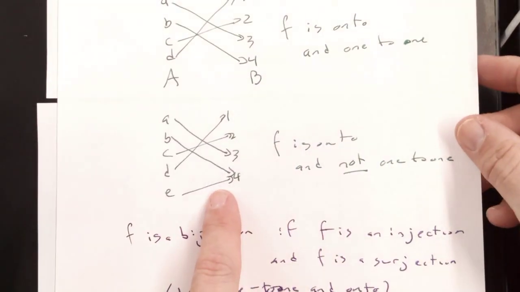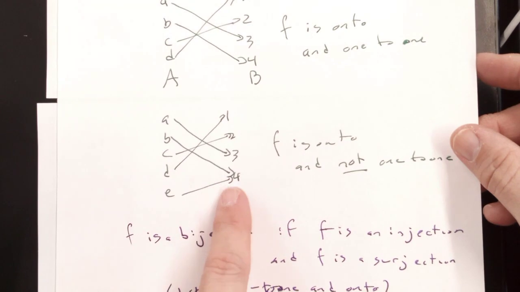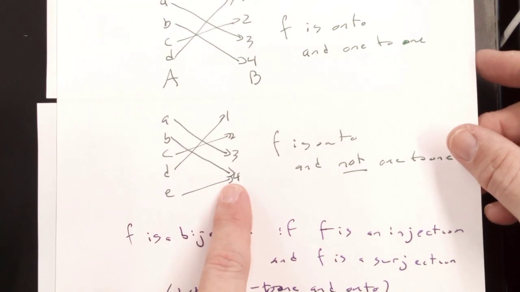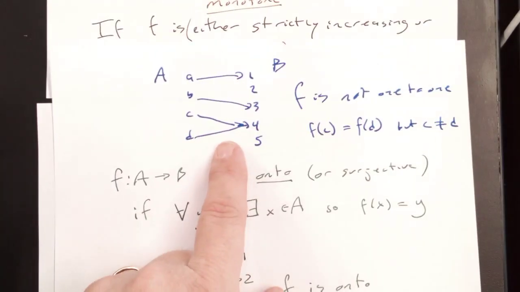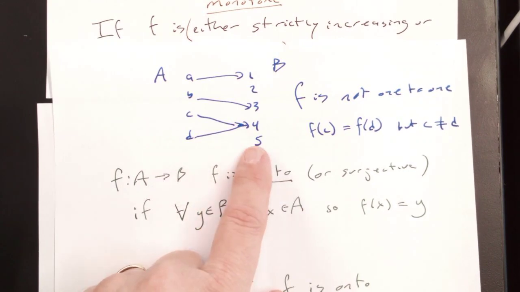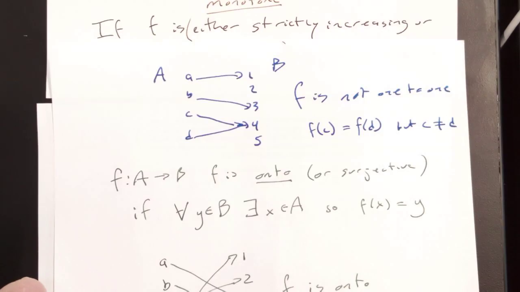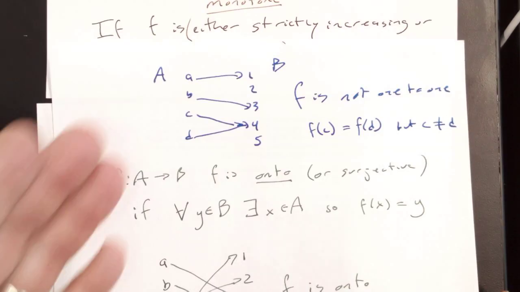So if my function's not one-to-one, then when I turn it around, it's not a function. If my function's not onto, when I turn it around, I have elements in the domain that are undefined, right? So this is a problem.